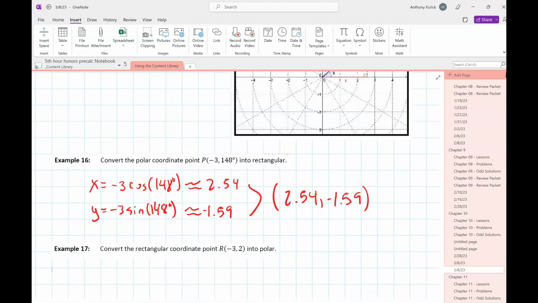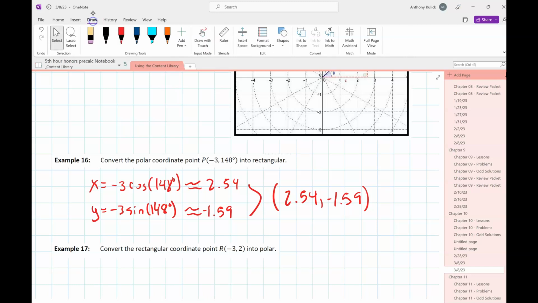Okay, this way is typically trickier. So first thing, let's find r squared. That's 9 plus 4, that's 13.